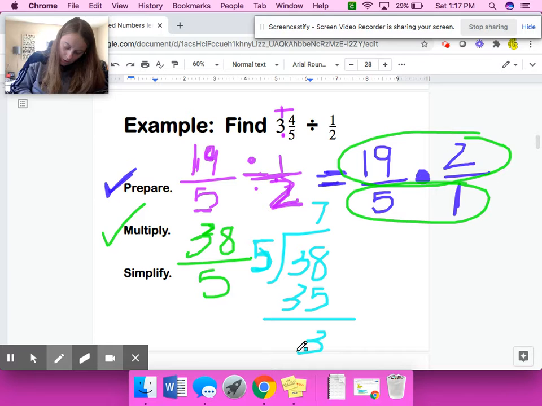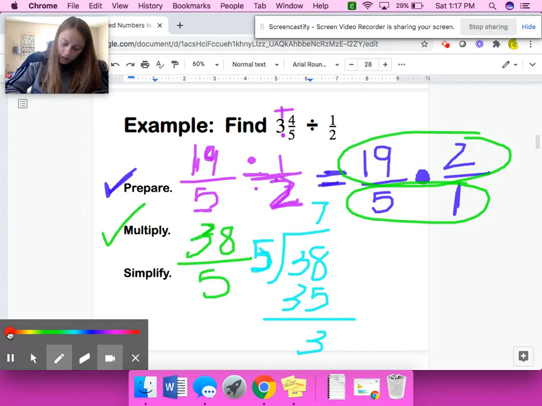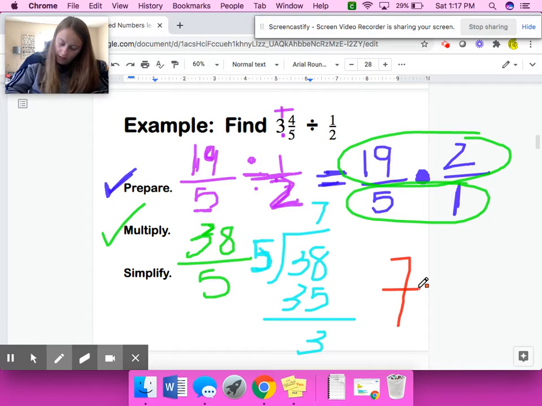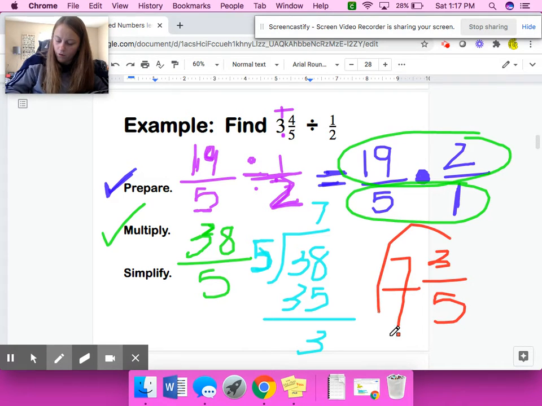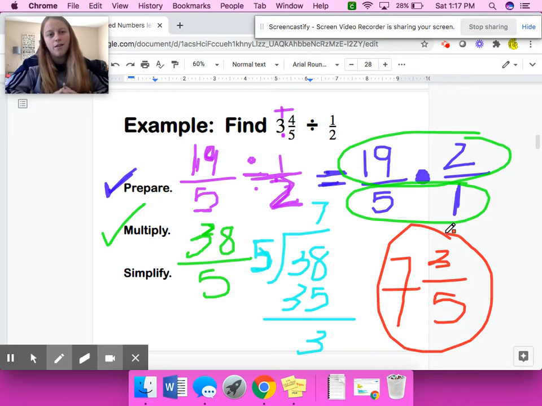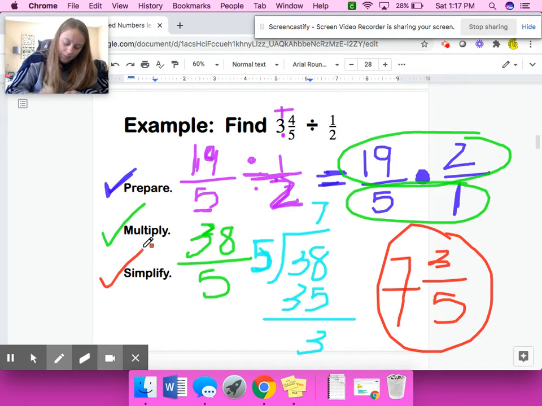And 3 left over. So 7 is our whole number here, with 3 left over as our numerator over 5. 7 and 3/5. And we have simplified. I can check that off my checklist. So again, you need to prepare, then multiply straight across the top, straight across the bottom, and of course, we always simplify.